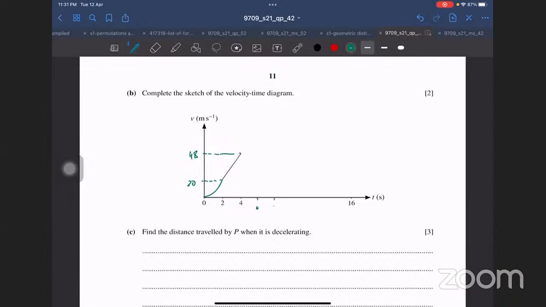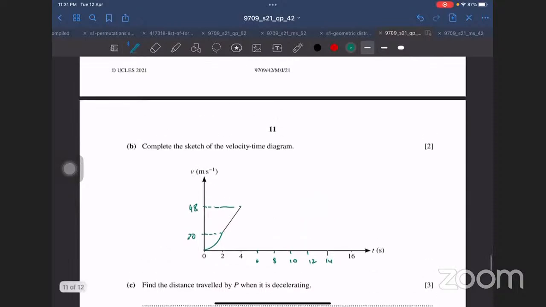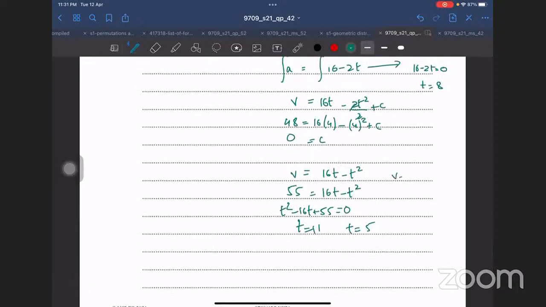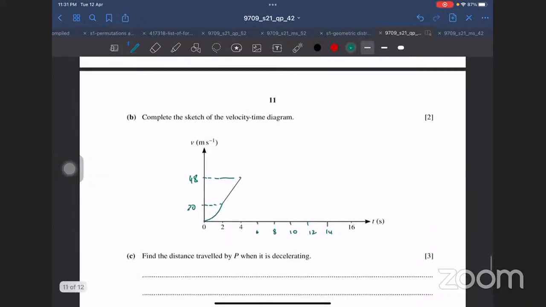I will say that this is 6, this is 8, this is 10, this is 12, this is 14, and that is 16. So at 8, it reaches its maximum point. Let's find out what the velocity at 8 would have been. 16 into 8 minus 64. So 64. So I reached a velocity of 64, let's say here, at 8.